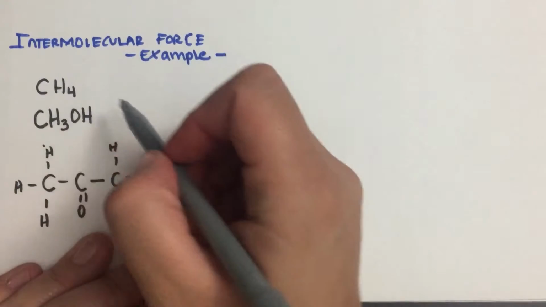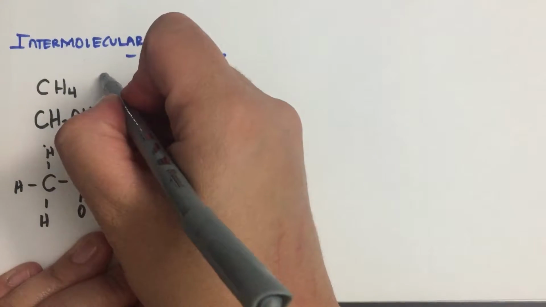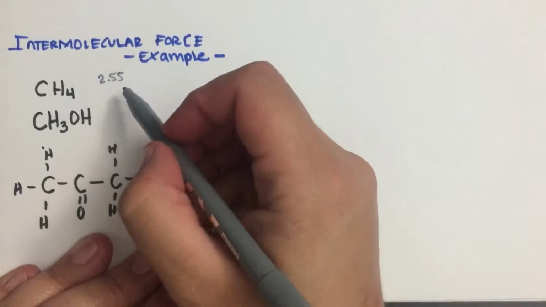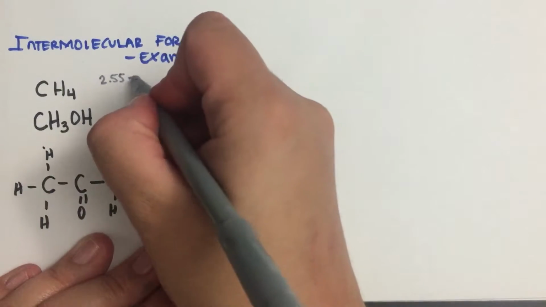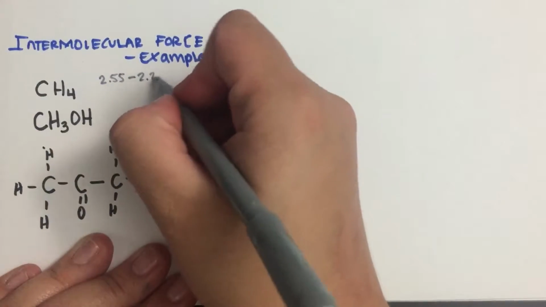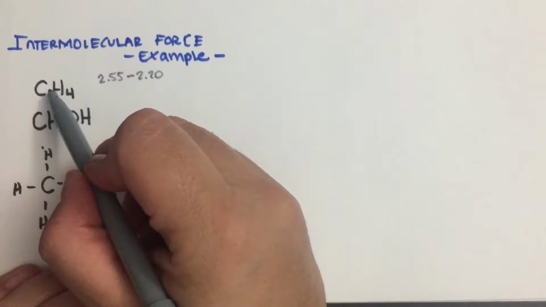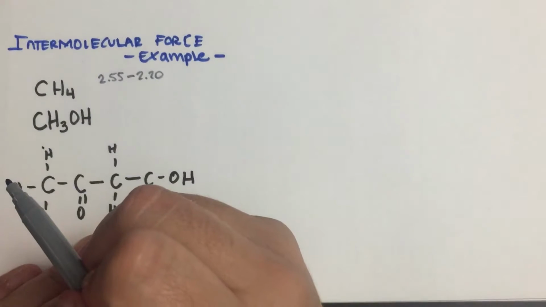When you get electronegativities, you have 2.55 for carbon minus 2.20 for hydrogen. Remember, you're just taking a look at one of the bonds that are occurring.